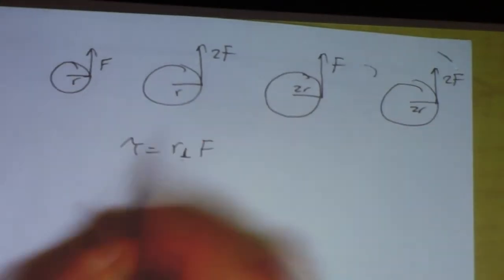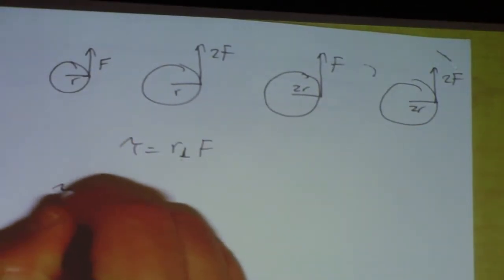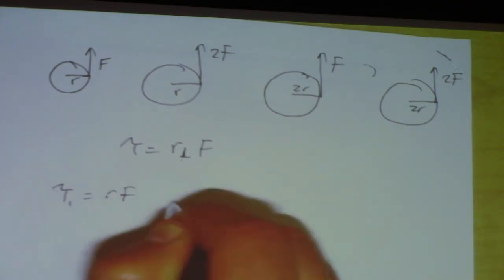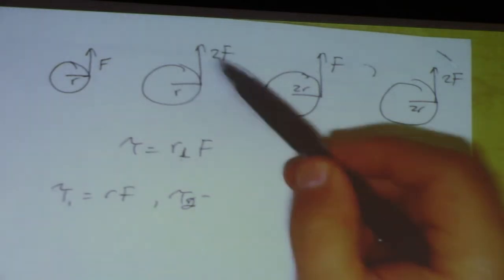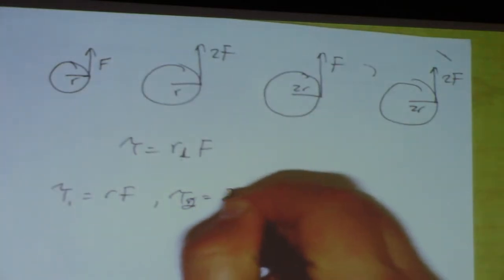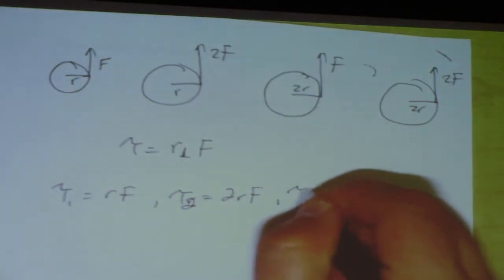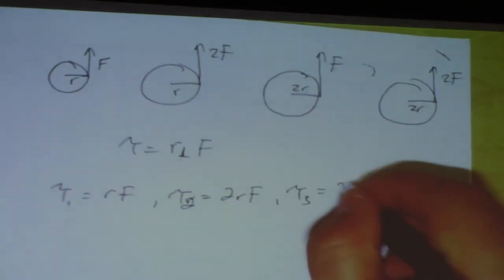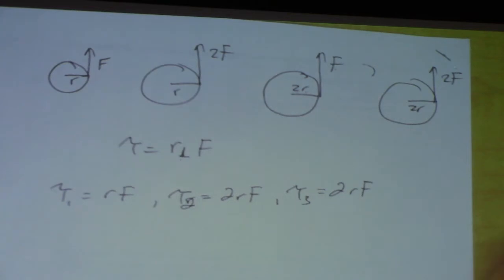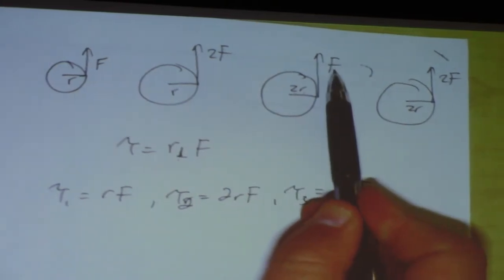So the first one, torque 1 would just be equal to R times F. Torque 2, it's R times 2F, so 2RF. And then torque 3, 2R and F, so 2RF. Those actually tie each other. This is just F, but it's at 2R.